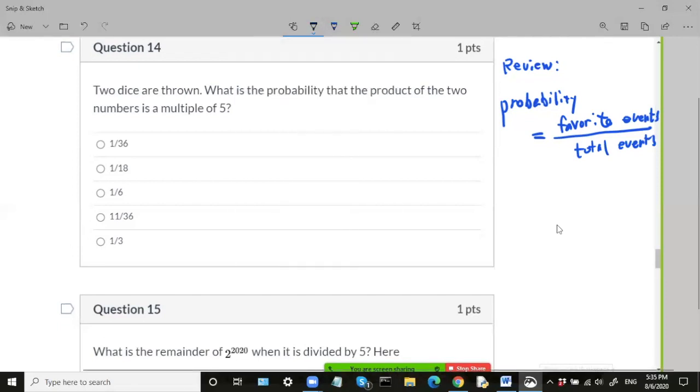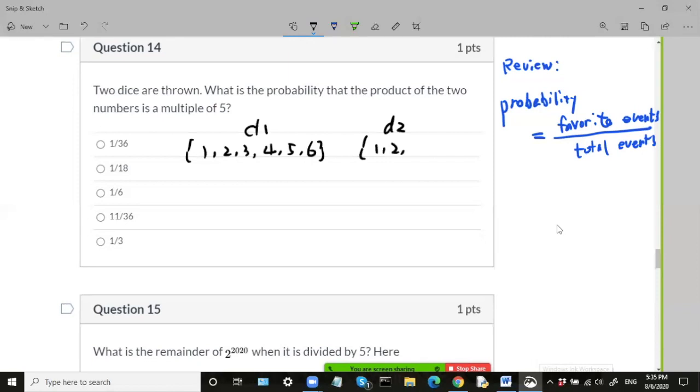So we have 2 dice, D1 and D2. The sample space for 1 die is 1, 2, 3, 4, 5, 6, and also for D2.